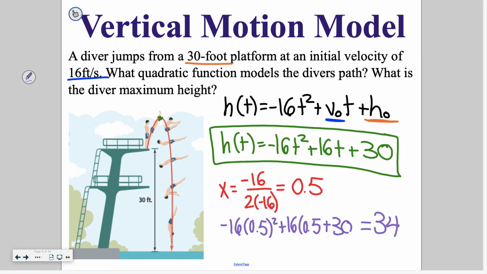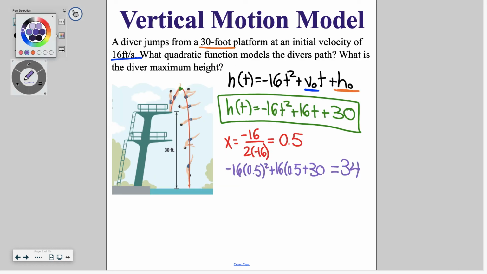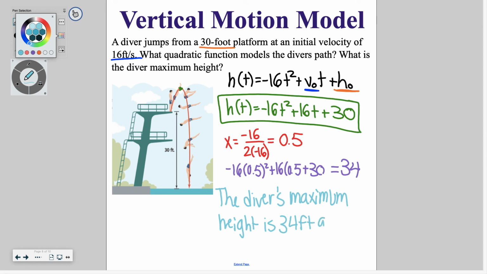So what that means then is that the diver's maximum height is 34 feet and occurs after 0.5 or half of a second. So a half a second after he jumps off the platform is when he is at his maximum height.